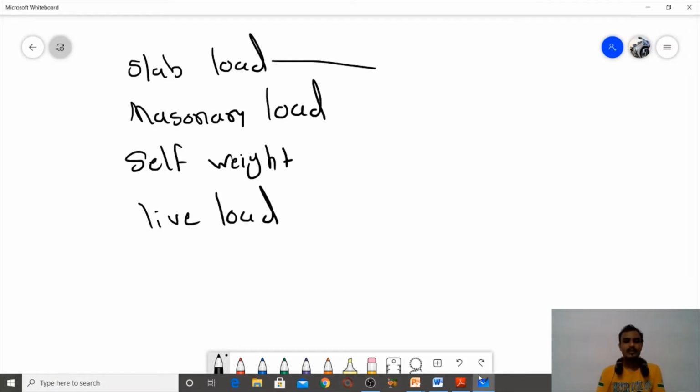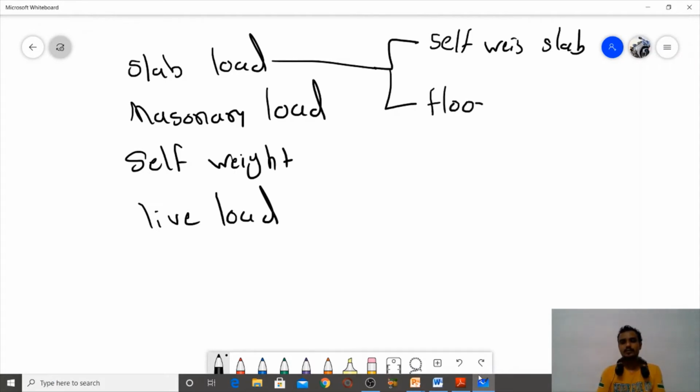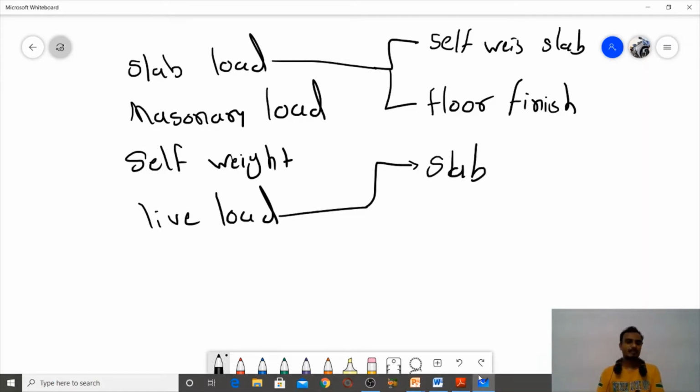Now in the slab we have two more loads: self weight of slab and floor finish. Most probably the live load is not directly applied on the beam; live load is transferred from the slab.